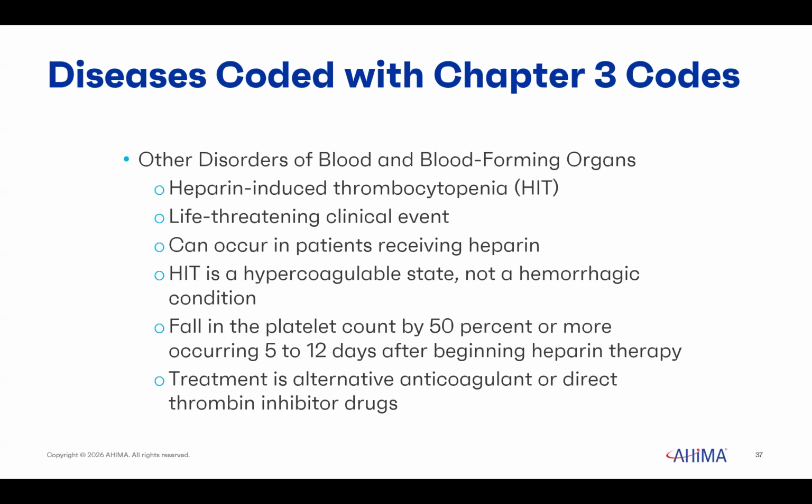So a fall in the platelet count by 50% or more occurring 5 to 12 days after heparin therapy is typical. And the treatment is medication that alters this back. In other words, the alternative anticoagulant or direct thrombin inhibitor medications that we hear about.